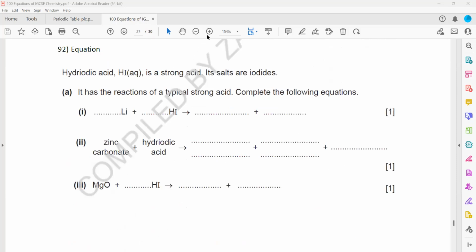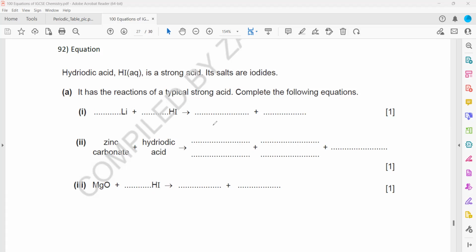Hydriodic acid is there, which is a strong acid and it is forming iodide. So a metal, lithium, is reacting with acid.